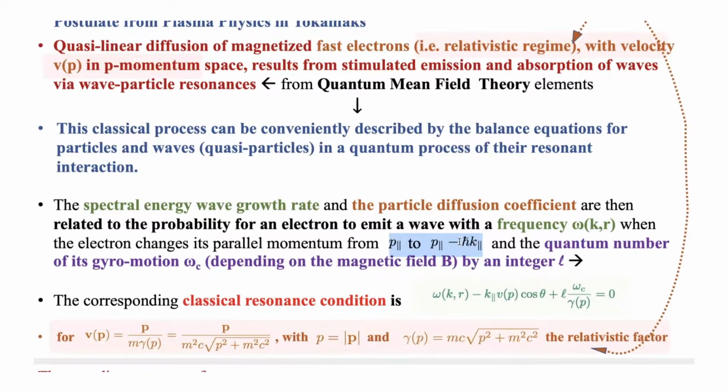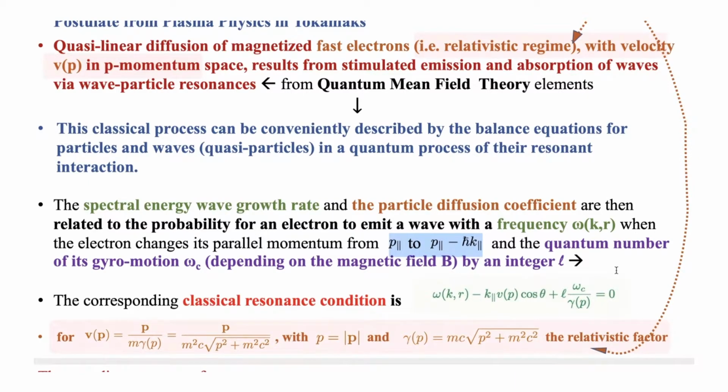So at this point the magnetic field is fixed, and we are decomposing the dynamics of what happens on this interacting operator into something that interfaces with the spectral wave energy growth rate.